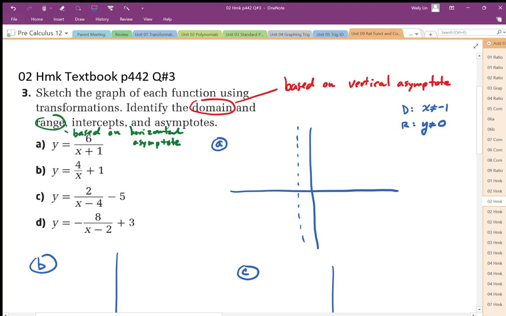For the intercepts, we can just plug in x is 0 to get the y-intercept. So we're going to get a y-intercept of 6. I'll draw it up here. And then the x-intercept is when the graph touches 0. In this case, since the numerator never equals 0, the graph will never hit 0.